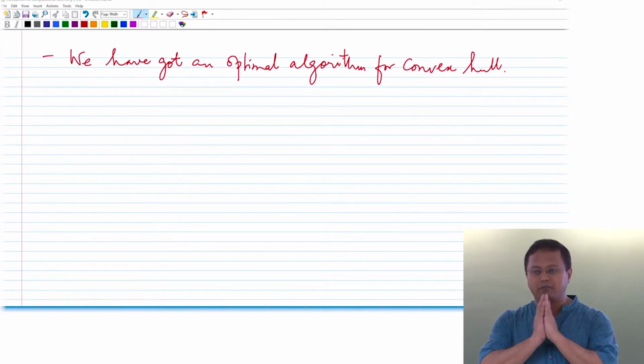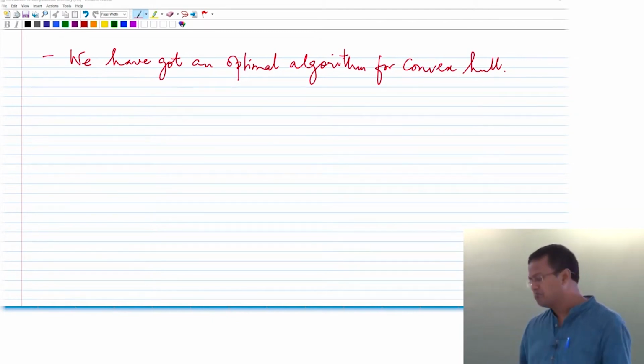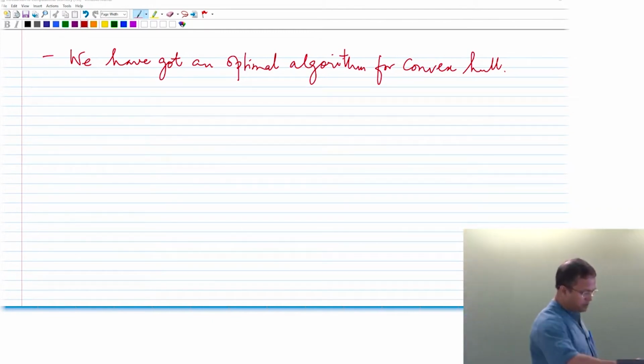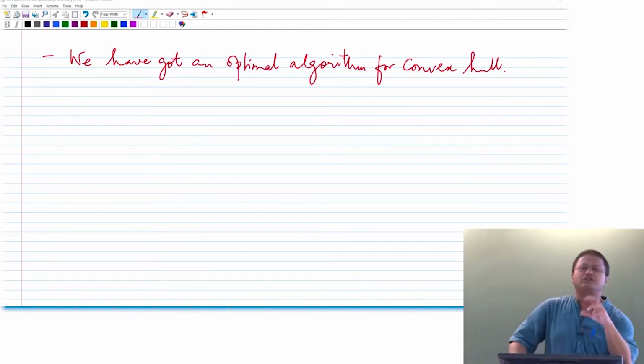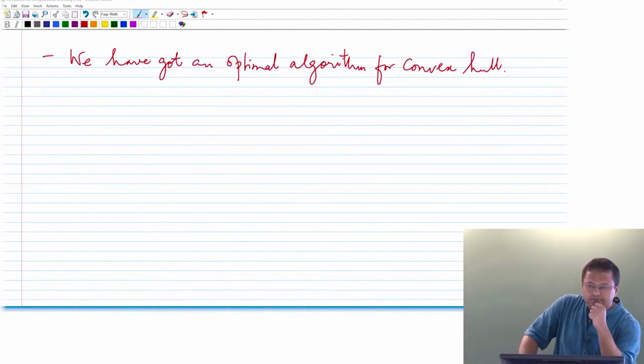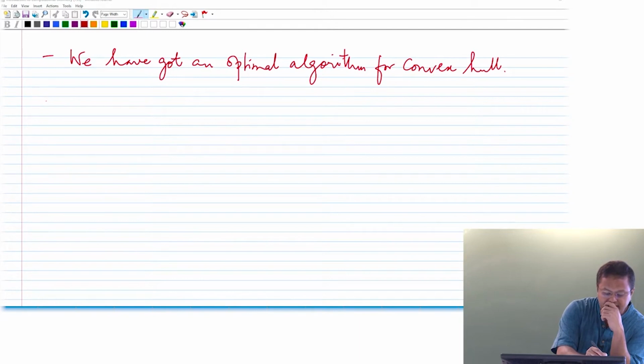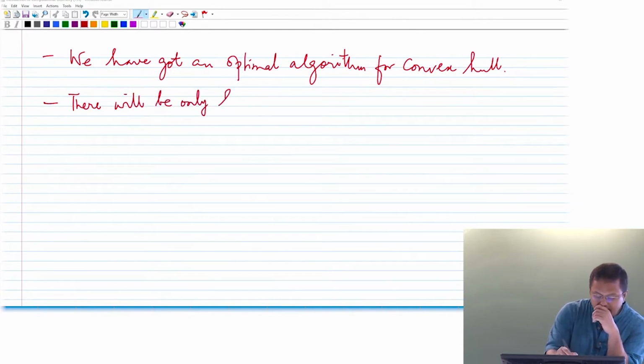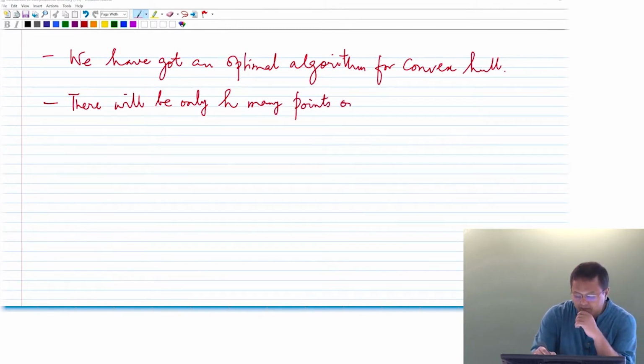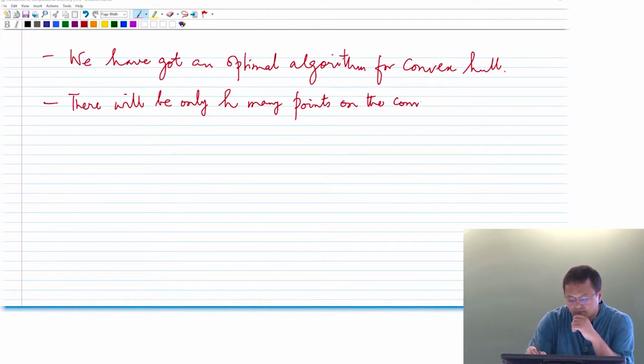So, can I do something better? Say for example, in this situation, someone has told you that on the hull there will not be many points. Say for example, someone has told you that there will be only h many points on the convex hull.